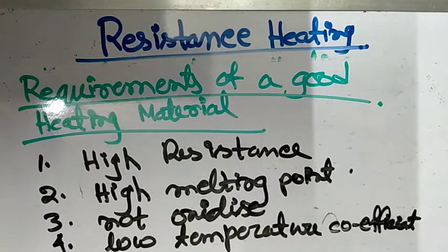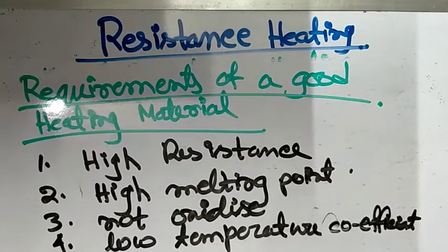Nickel chromium alloy has not only good resistance to oxidation up to 1150 degrees, but at the same time it has sufficient strength. On the other hand, iron chromium aluminum alloy, Kanthal is the trade name, has very good resistance to oxidation at high temperature but lacks strength. So elements of this metal require more support.